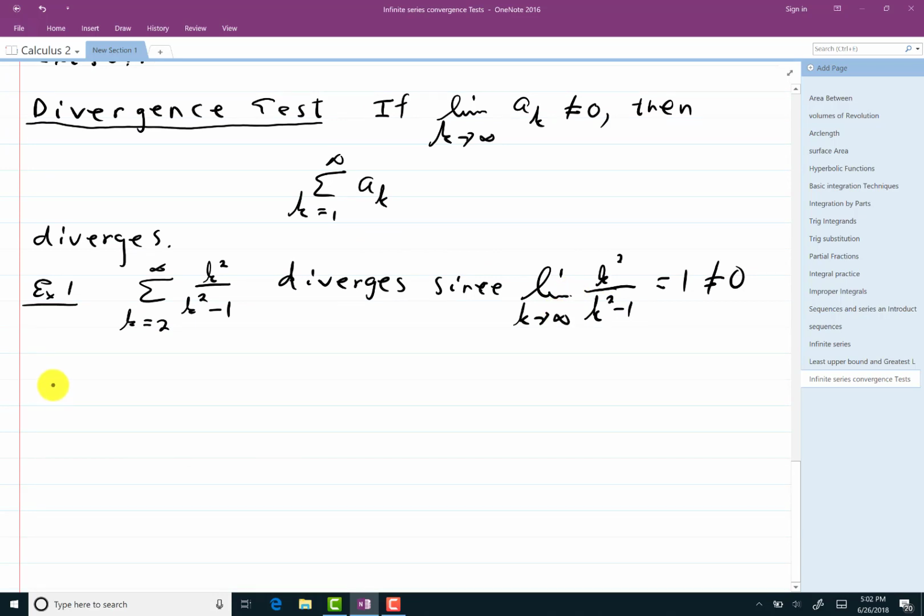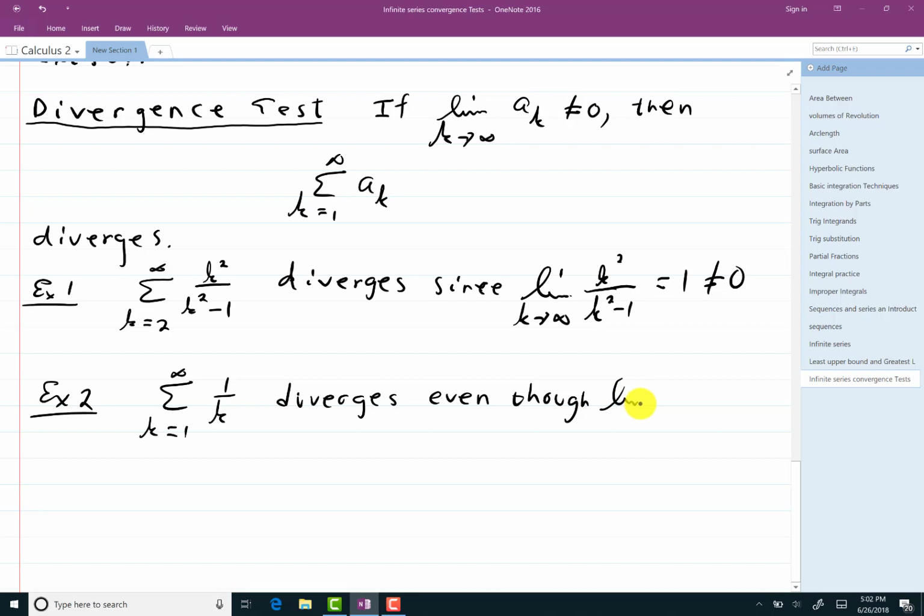Let me give you a second example. Consider the series, k equals 1 to infinity of 1 over k. This series diverges even though the limit as k goes to infinity of 1 over k equals 0.